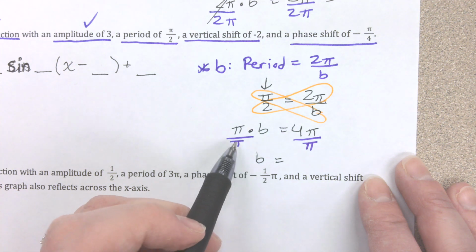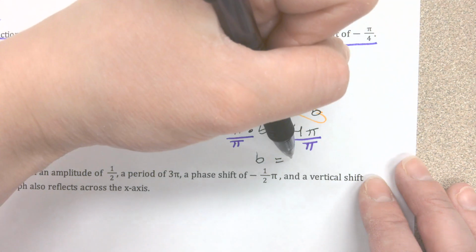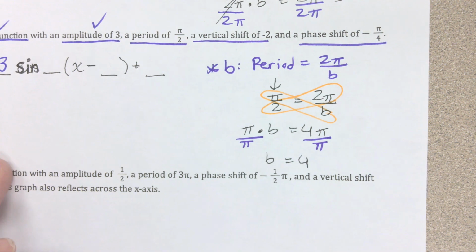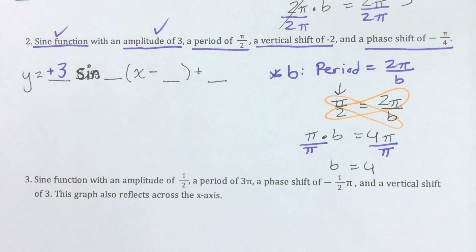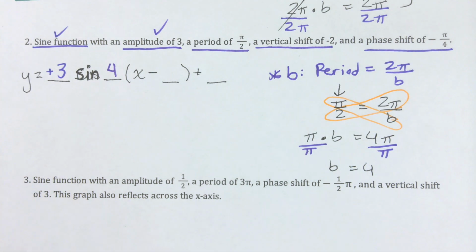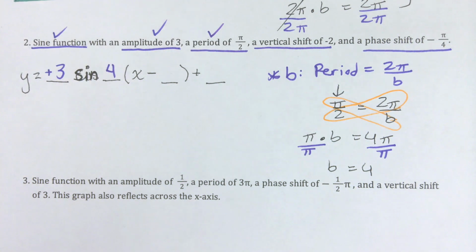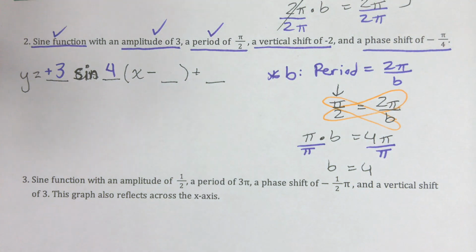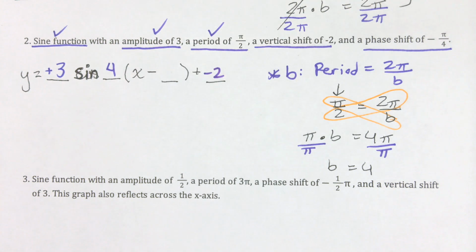B equals pi will cancel on both sides, 4. So now we know that B value is 4. Vertical shift of negative 2, that goes at the end. So we have a plus minus 2 at the end.